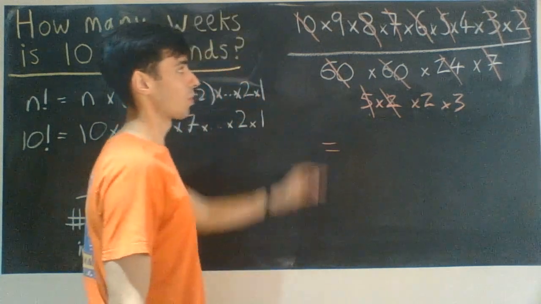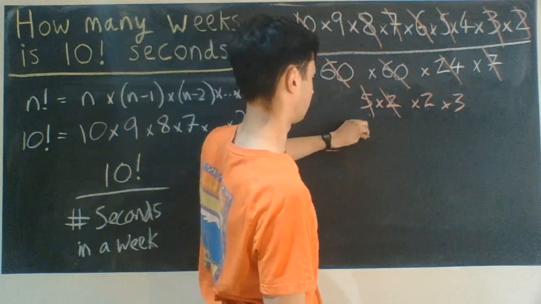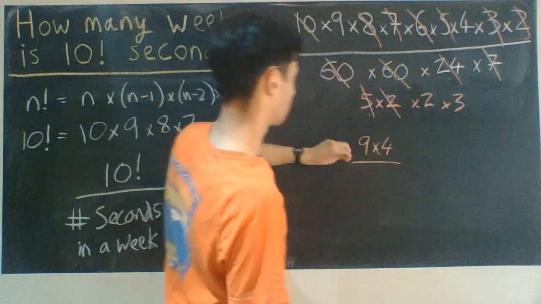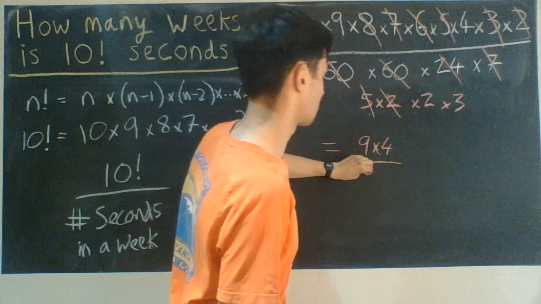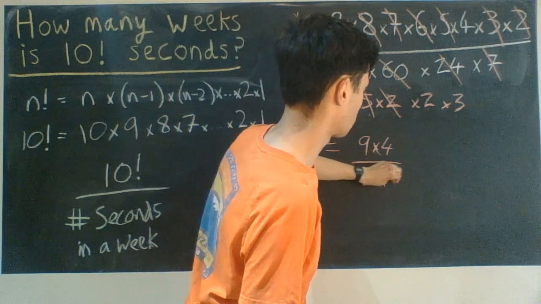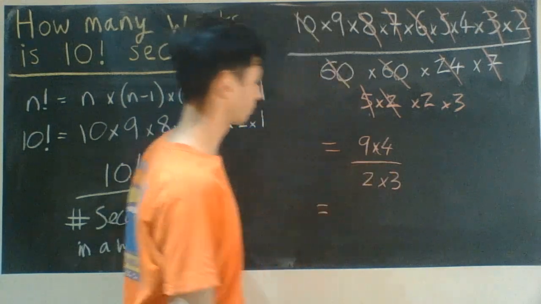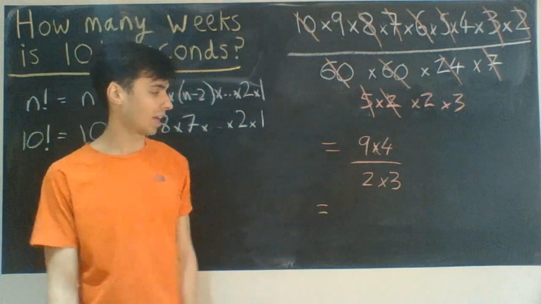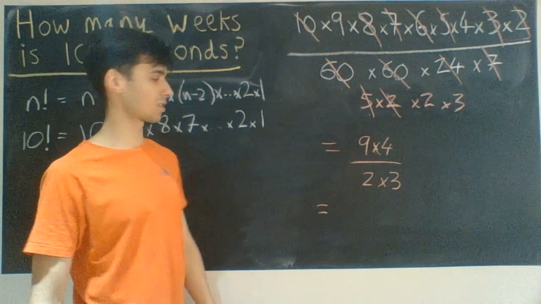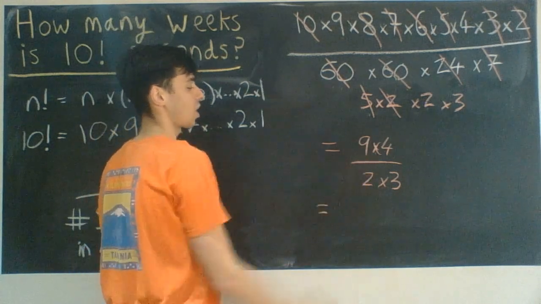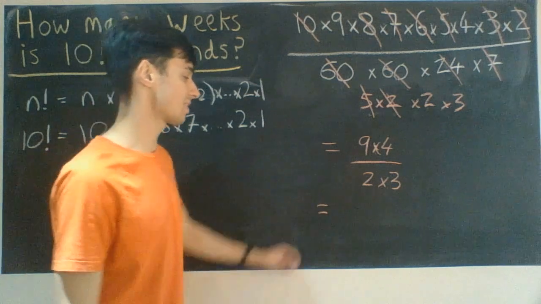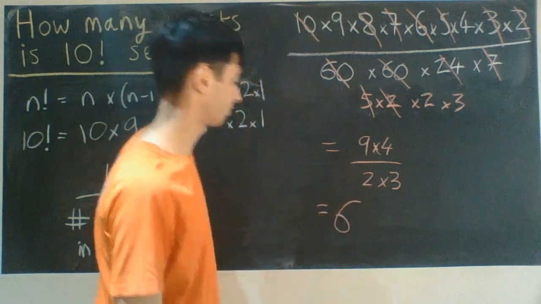So our answer, we've got 9 times 4, and on the bottom we've got 2 times 3. Well, 9 times 4 just gives us 36, and 2 times 3 gives us 6. So we've got 36 over 6, or 36 divided by 6. That just gives us 6 as an answer.